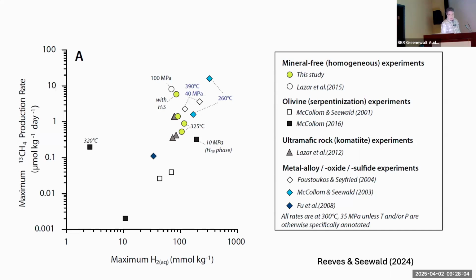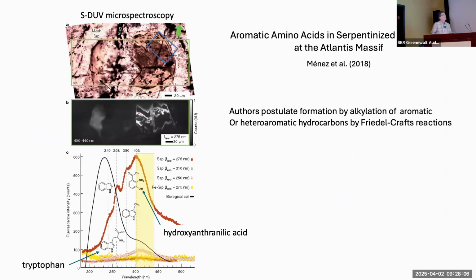Okay. And then I just want to finish up with one last example. This is a figure from a paper by Menez in 2018, and this is from a serpentinized ultramafic rock in the Atlantis Massif, which underlies the Lost City hydrothermal field. And what they found was this is S-stub micro.